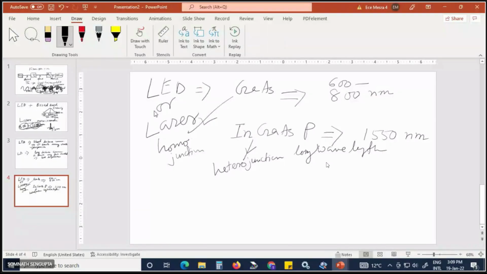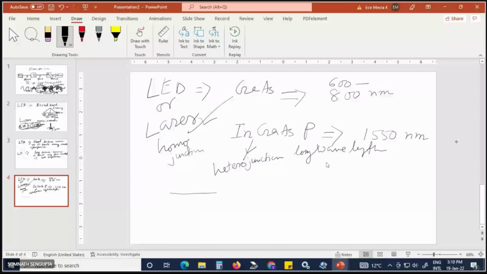Sir, if we take a PN junction, PN device, if it is homo the level would be the same, and if it is hetero there would be a material in the middle where the height is less. Height means what? No, actually not width. It is band gap.